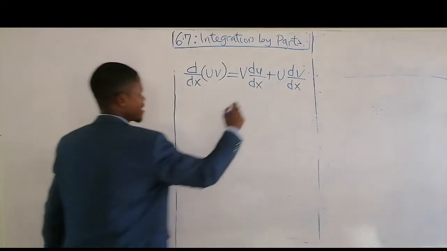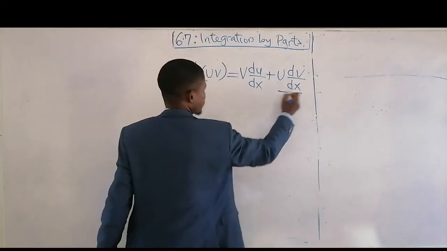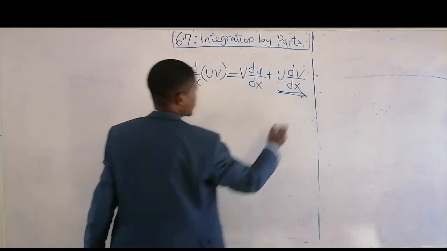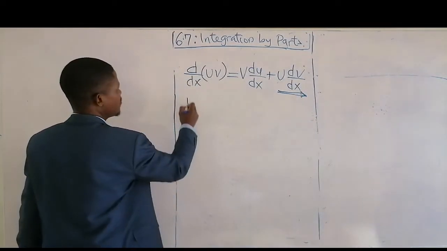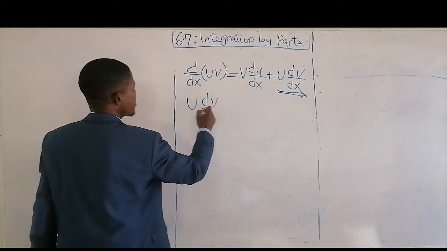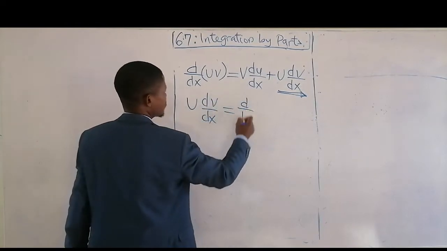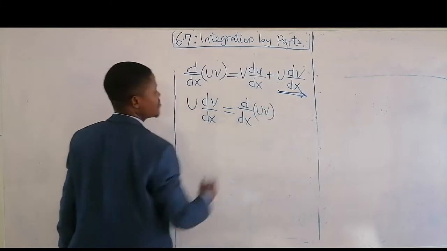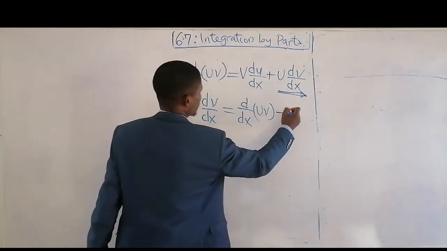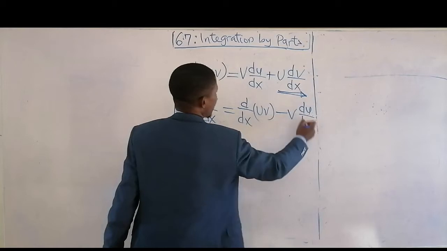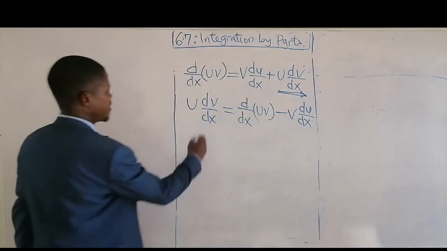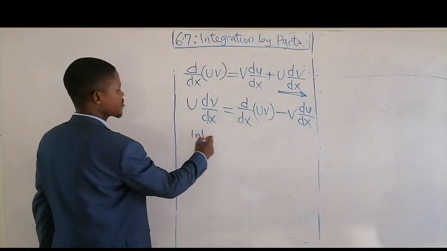Then can we make this one the subject? By solving, we're going to have u dv/dx equal to d/dx of your product of two items, and then minus v du/dx.